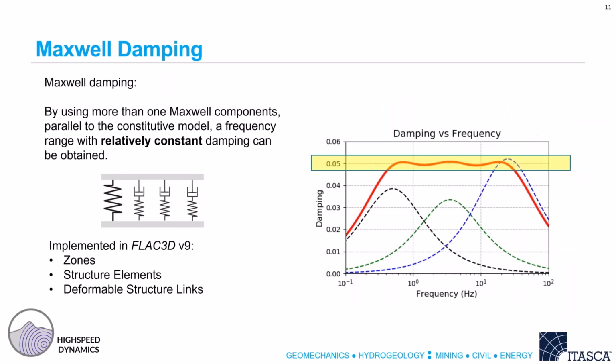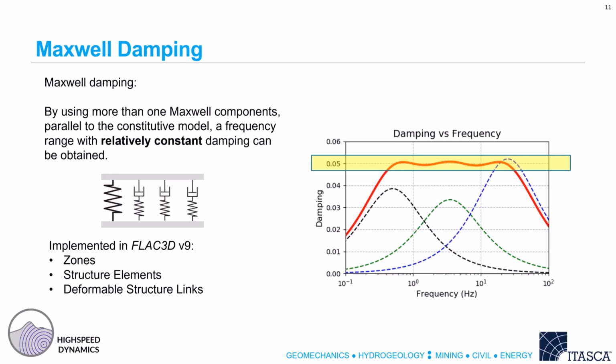From FLAC3D version 9, we introduced a new damping called Maxwell damping. By using more than one Maxwell component, usually 3 in parallel to the constitutive model, a relatively constant damping over a frequency range can be obtained. In this figure, we have 3 dashed lines. Each dashed line is an individual Maxwell component, and for each one the damping ratio is frequency dependent.